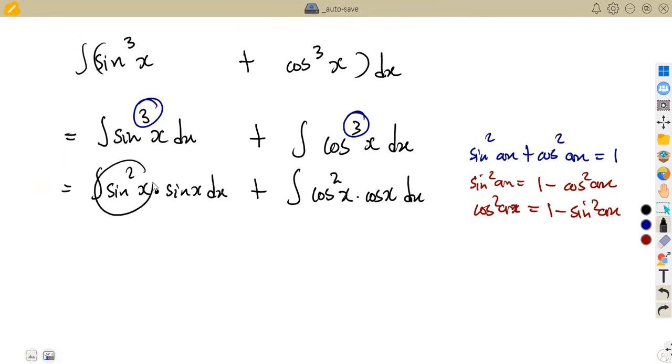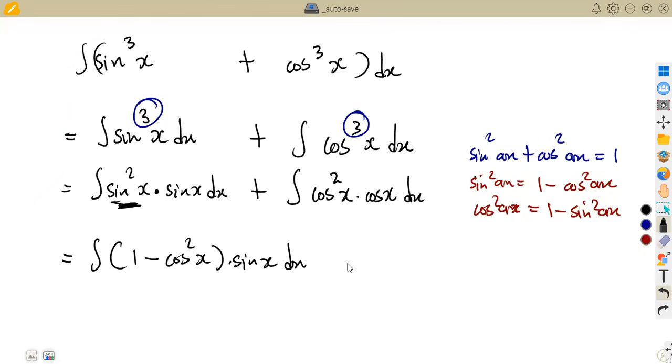So now we can substitute back what is equivalent to sine squared of x. Sine squared of x is equivalent to 1 minus cos squared x, times the sine of x, which is outside, with respect to x.